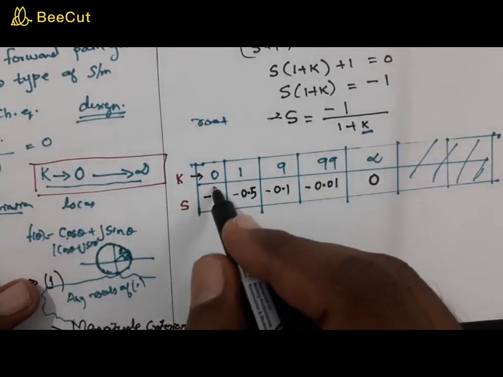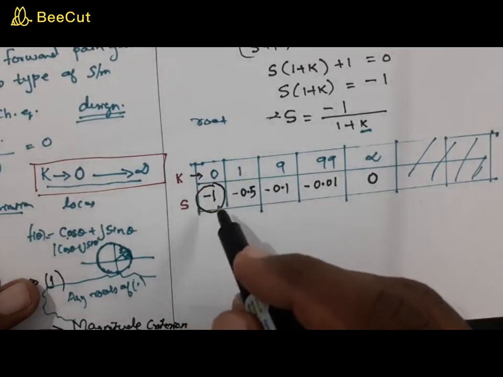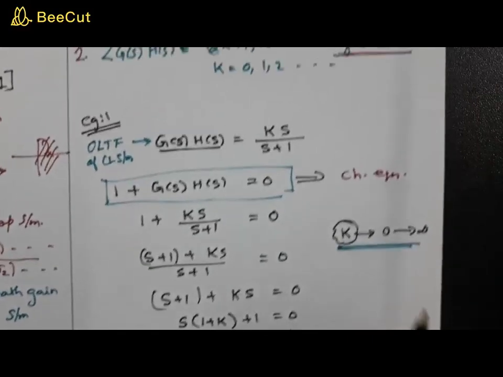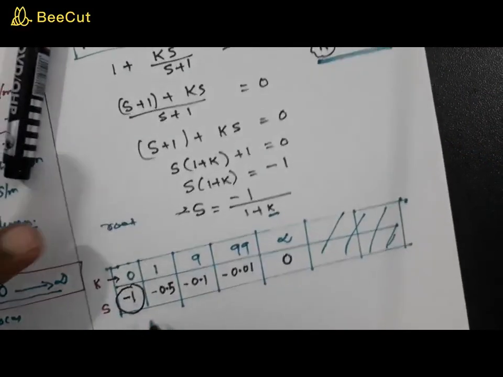So what we have seen is, as k varies from 0 to infinity, the root location at k is equal to 0 starts at s is equal to minus 1. Now, what is this s is equal to minus 1?